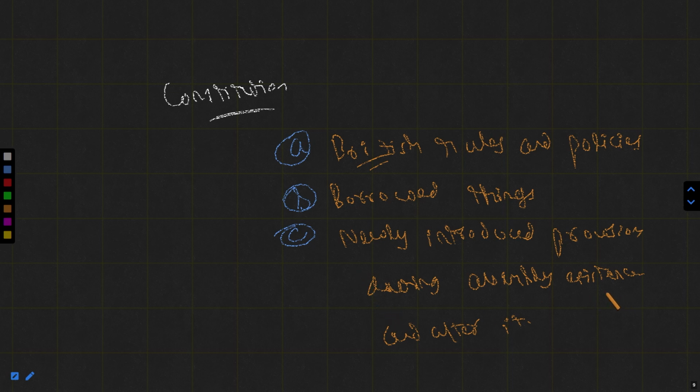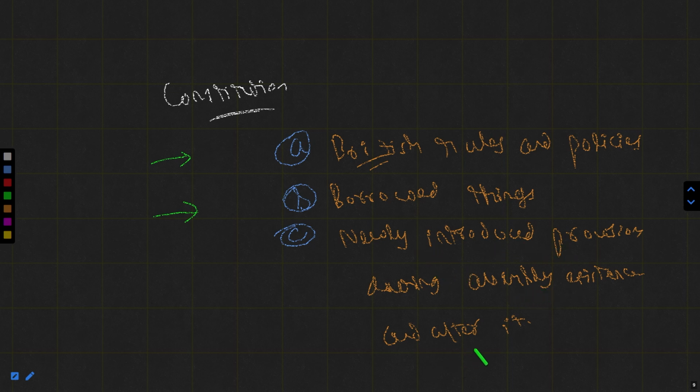It means that when the Constituent Assembly was doing its function, we introduced some facts which we didn't find in British rules and policies and the borrowed things, or we found them, but they were not as we wanted them.